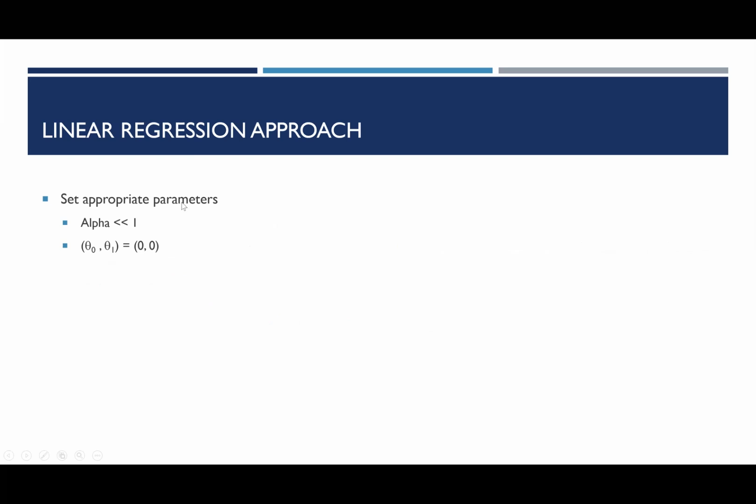The smaller the alpha, the more time it takes to converge, but you're more likely to get convergence, because if you have too large of an alpha or learning rate, there's a chance that you might just jump around and never get to the minimized cost function.